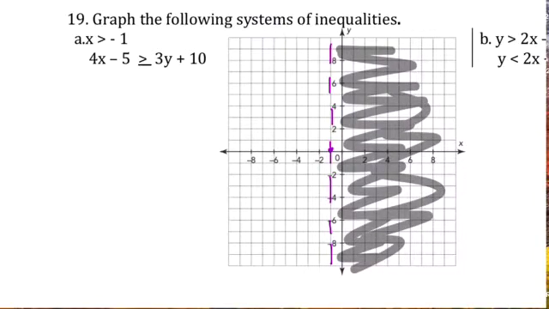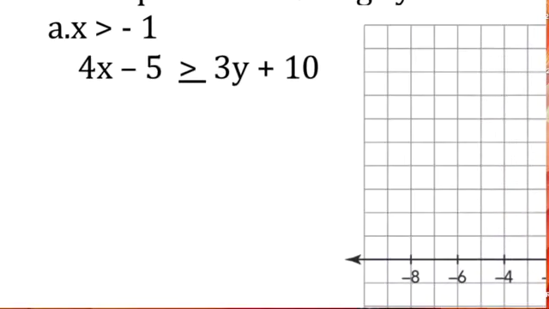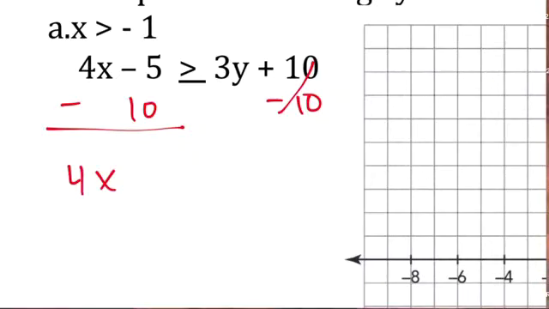All right, and the other one is to graph it. I'm going to use slope intercept, so I'm going to solve for y. Minus 10, minus 10. For x, minus 15, greater than or equal to 3y, divide by 3.